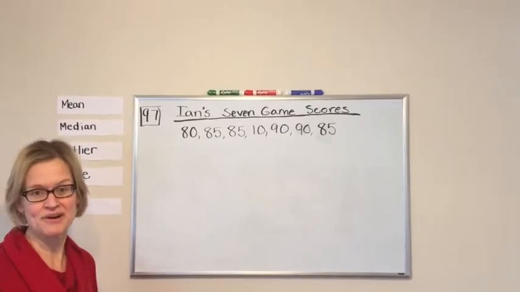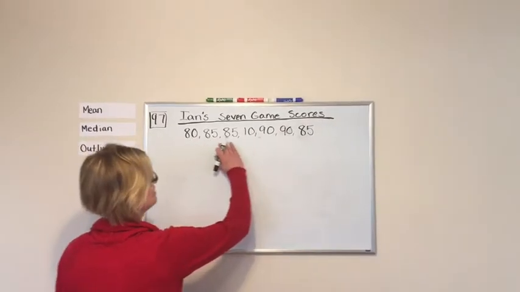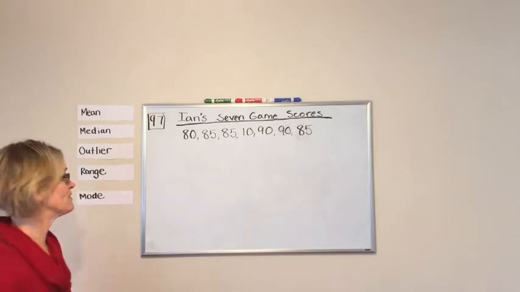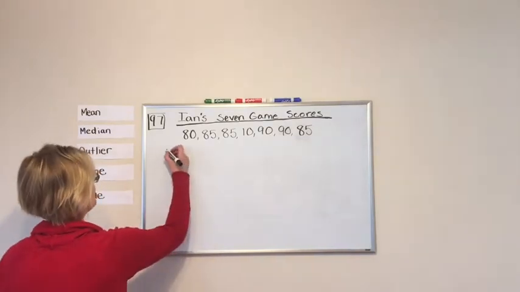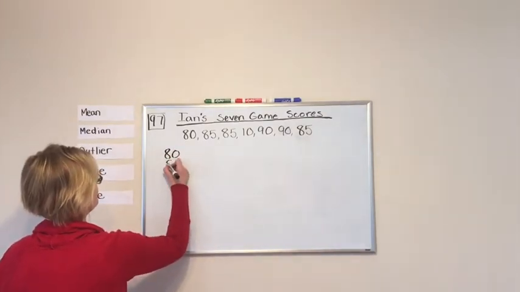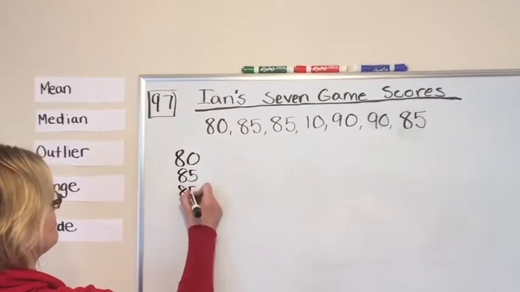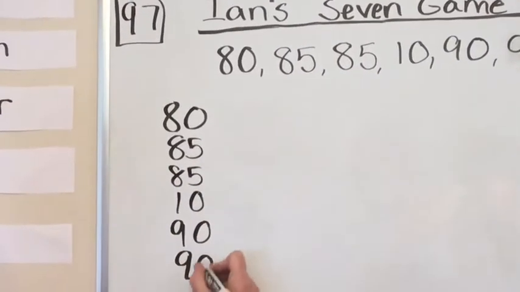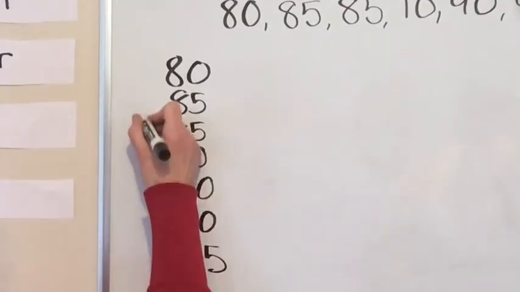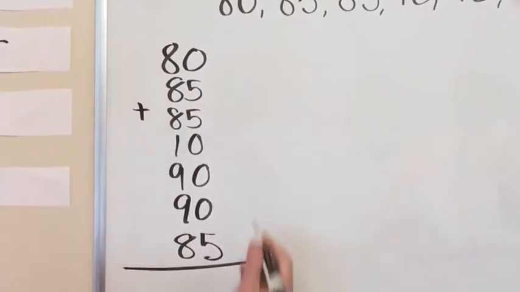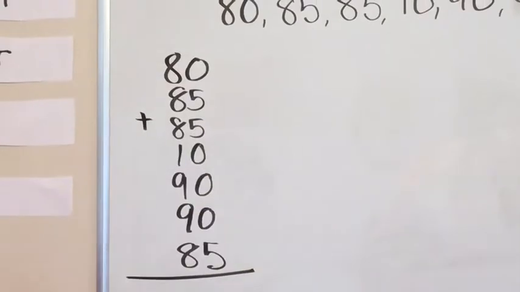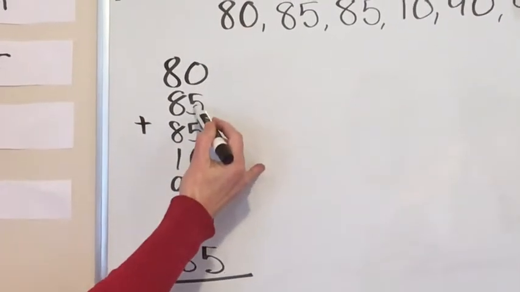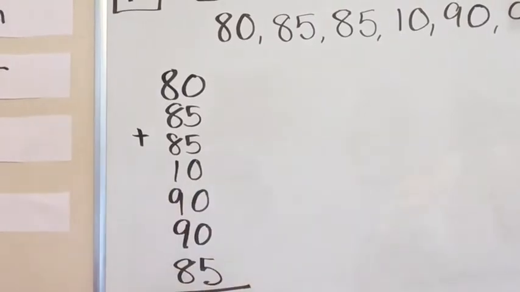Let's do that right now. As you can see, the numbers are written horizontally. We need to write them vertically. So we're going to do that. Okay. So remember, when we're adding, we start on the one side. We take a look. 5, 10, 15.